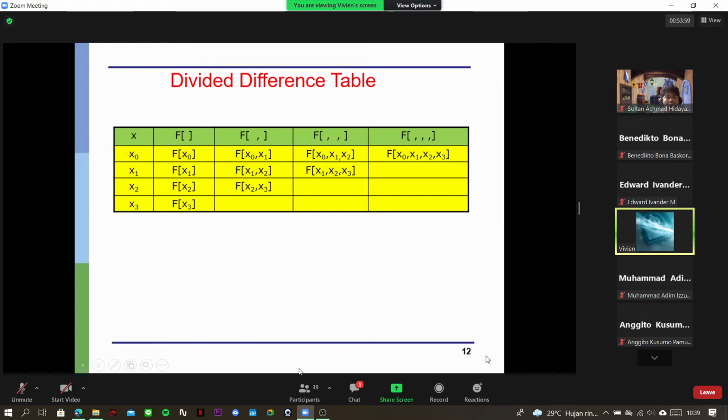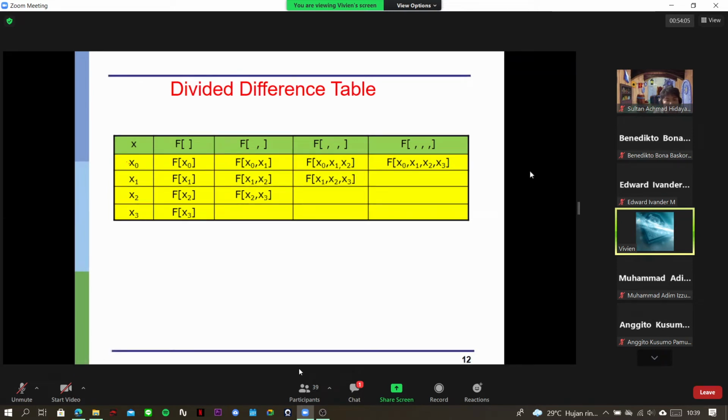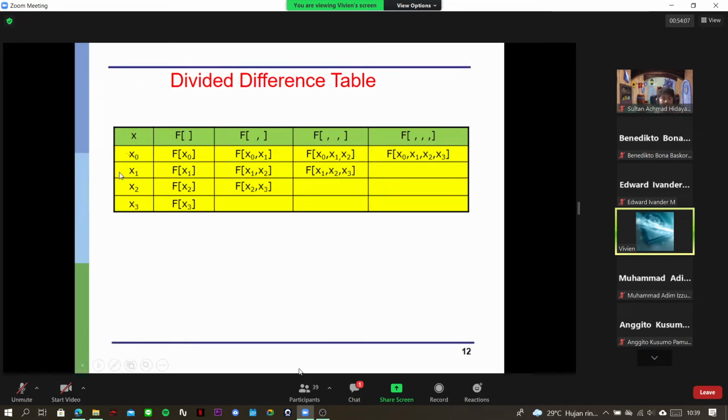It means that we can get a maximum of third order equations for the interpolation. What we do is put the value of f(x) here on the right side, which is from the data that we have.